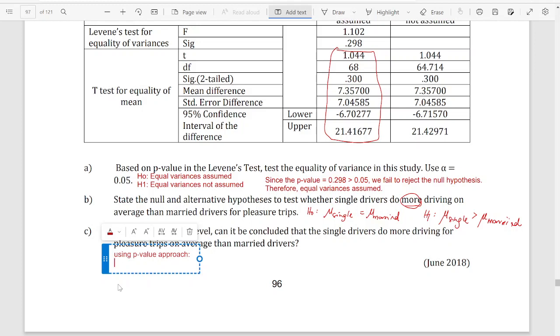So write down hypothesis. Yang atas tu dah tulis dah hypothesis. And then the second part is to get the alpha value. So alpha value is equal to 0.1. So in this case alpha equal to 0.1, right?